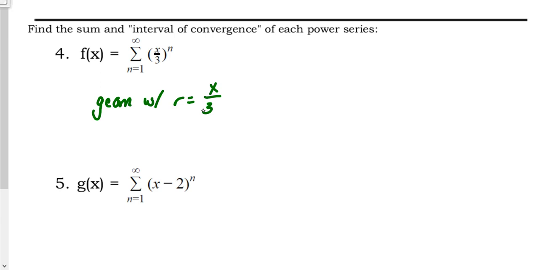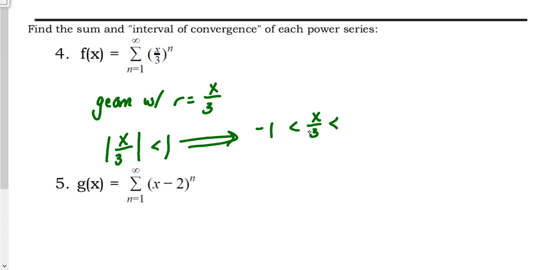Until you see it. And I know that a geometric series is convergent if the absolute value of its ratio is less than 1. That is equivalent to saying my x over 3 has to be between -1 and 1.